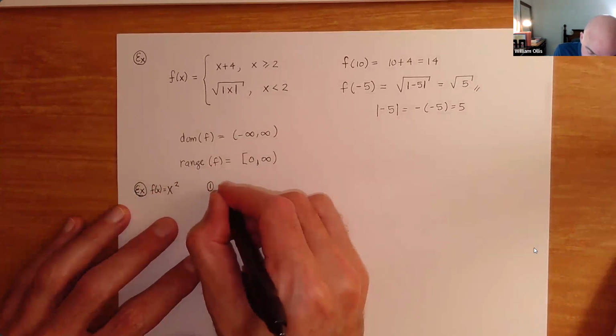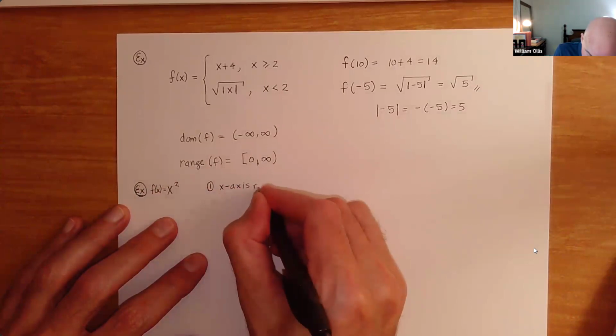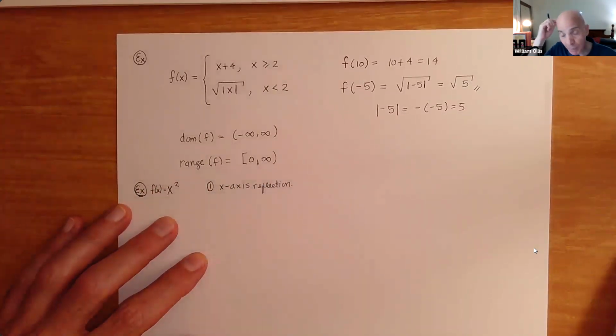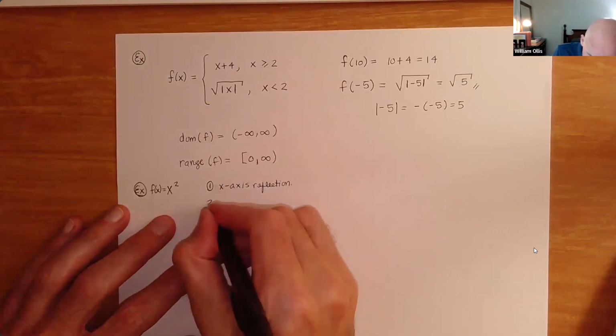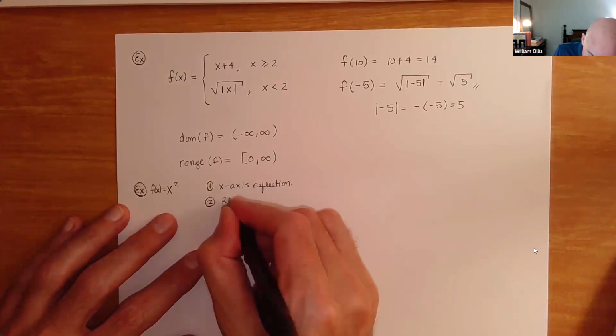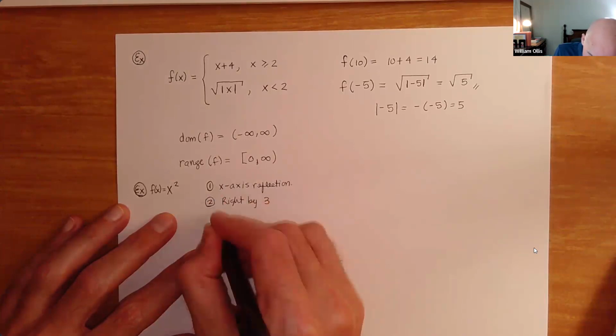That is x-axis reflection. That'll be the first transformation that we apply. Second, right shift by 3.